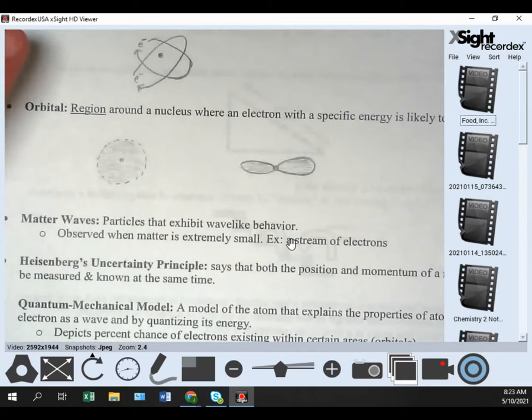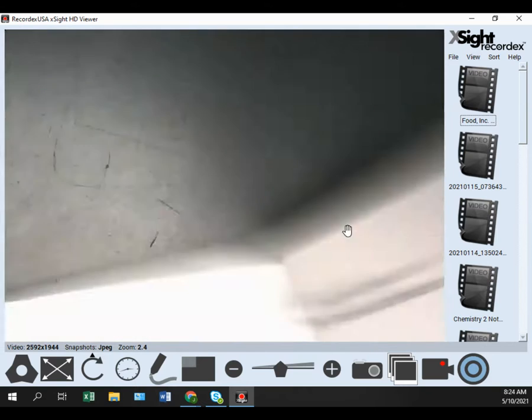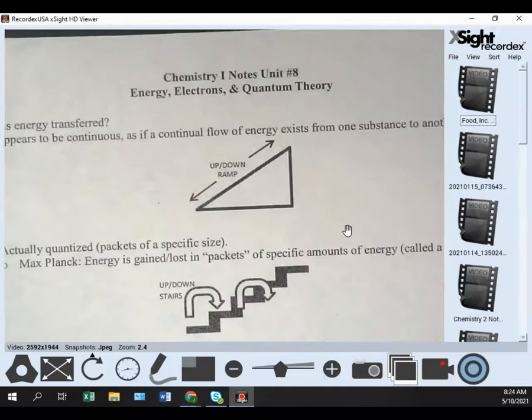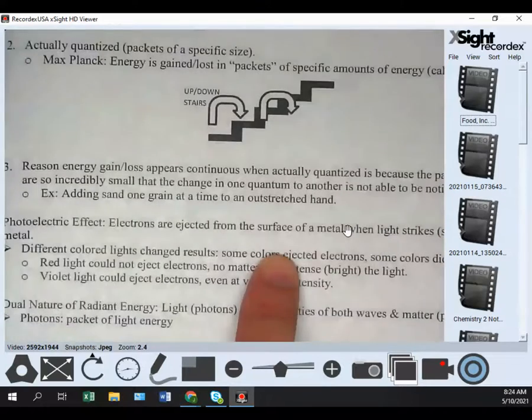Now, why did we say they give off different colors? Because they have what? The fact that they give off different colors tells us what about the energy that they're giving off? Go back, if you can remember, to the photoelectric effect.